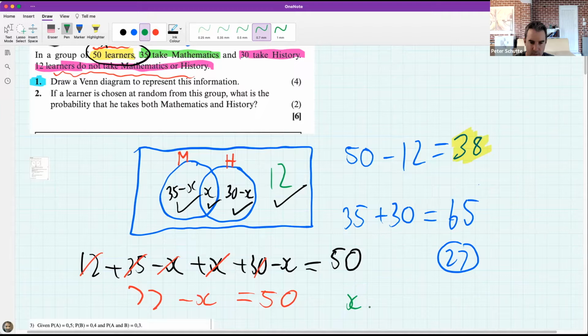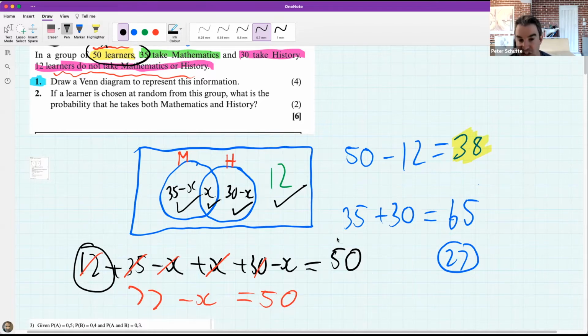So X, Mr. Ayers, yeah. There's a question from Nolazi asking, why is the equation not equal to 38? Why is it equal to 50? Because I added the 12. So remember, if I was just looking at the region inside the circles, it would be 38, but because I'm looking at the whole thing, I'm making it equal to 50.